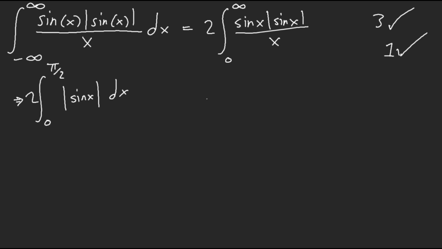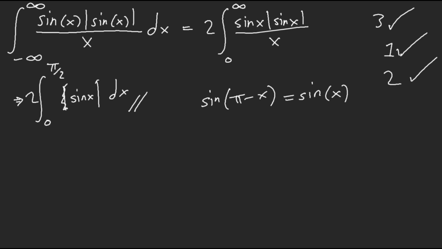Sine of pi minus x, we know that this is going to equal sine of x. So of course, number 2 is satisfied. And this means that we can definitely use Lobachevsky. So, cool. And from 0 to pi over 2, it's always going to be positive, so we can knock out this absolute value.